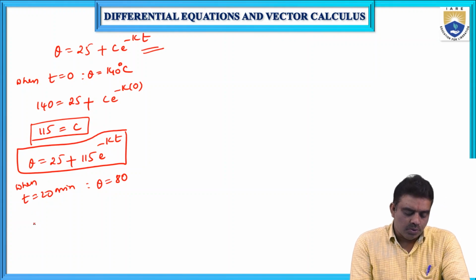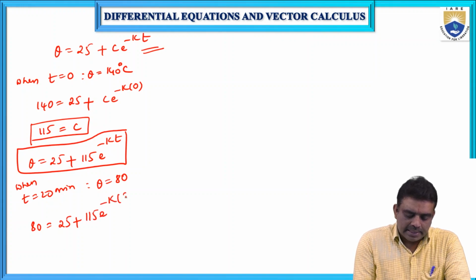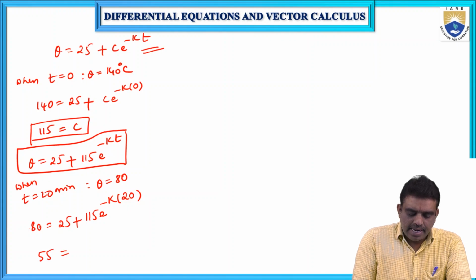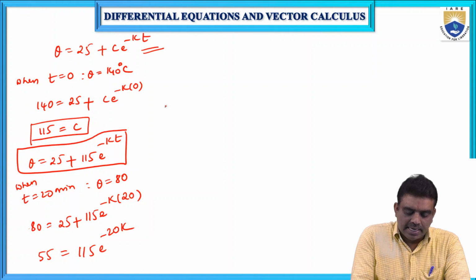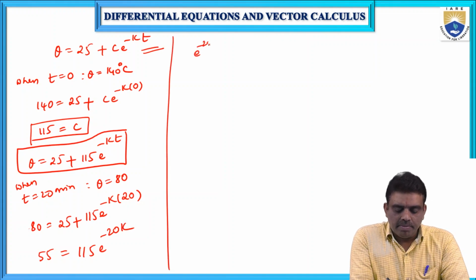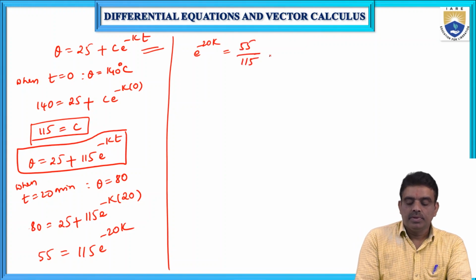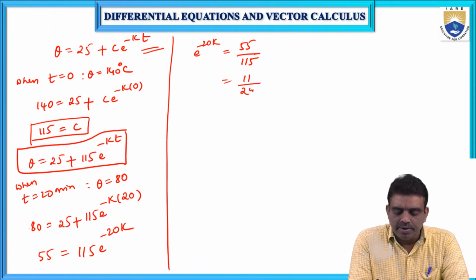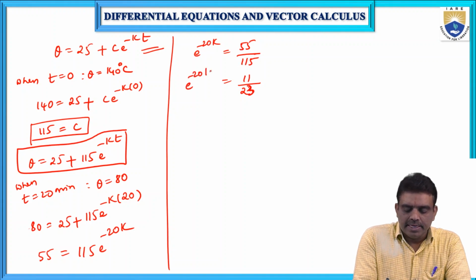On substituting these also, 80 is equal to 25 plus 115 e power minus k into 20, or 80 minus 25, that is 55, is equal to 115 into e power minus 20k, or e power minus 20k is equal to 55 by 115, which is 11 by 23. That is e power minus 20k.